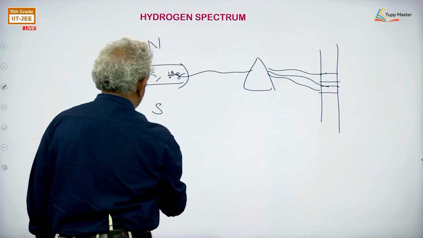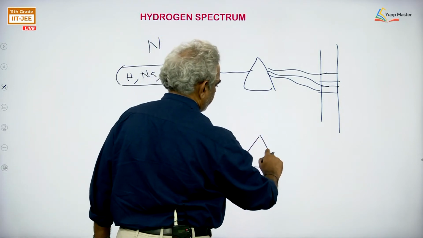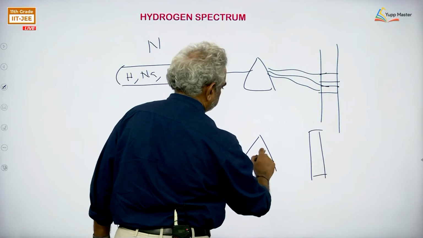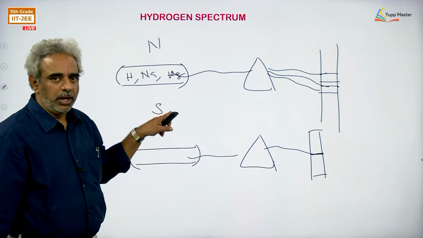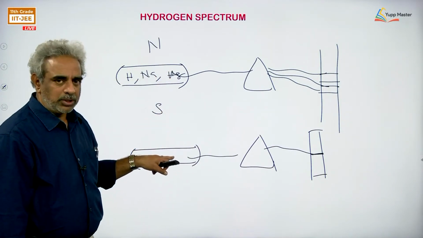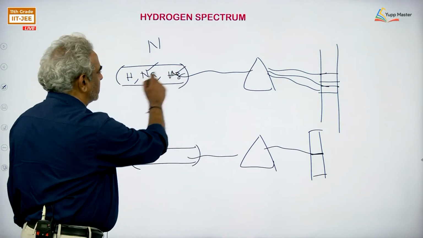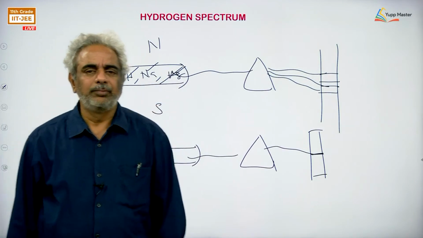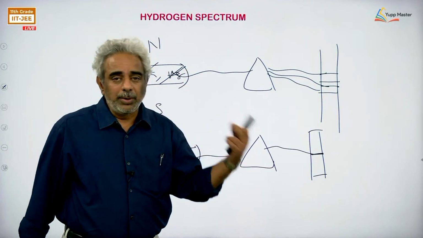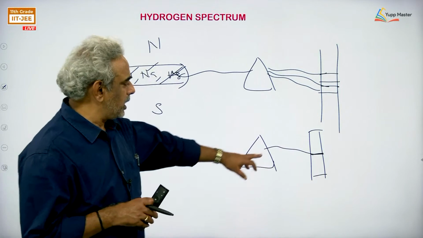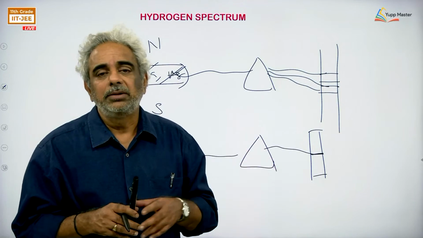Suppose this is without a magnetic field, you are getting a single line. See, this is without a magnetic field, but this is with a magnetic field. The sample here is not exposed to any magnetic field, but here the sample is subjected to a magnetic field. I am not taking a mixture, don't think so. I am taking any atomic sample. If I obtain the spectrum by subjecting the sample to a magnetic field, instead of one line, you are getting a group of lines. It means there are further smaller transitions taking place.